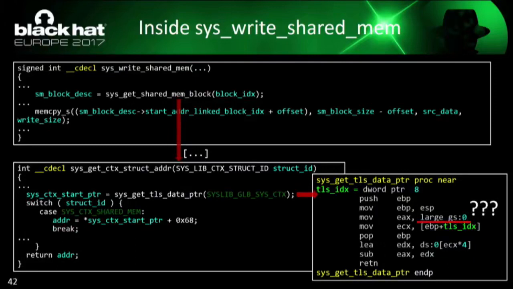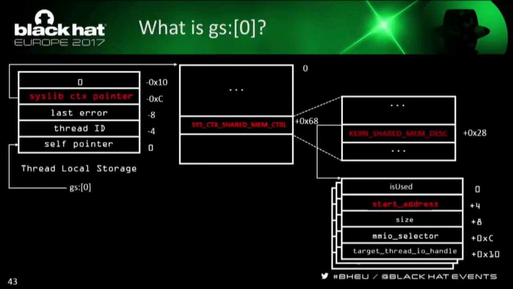So the main question now is, what is pointed to by GS0? We found the answer to this question by completely reverse engineering the kernel module of the firmware. And it is nothing else than thread local storage.